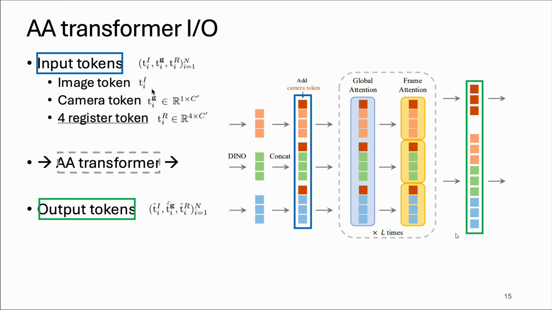The number of image tokens depends on the size of the image and the size of the patch, and for each image there is a list of tokens. The camera token is represented with C prime as the feature dimension, and there is a single camera token. There are 4 register tokens. These tokens are fed into the alternating attention transformer, and the output tokens have the same dimension as the input tokens.